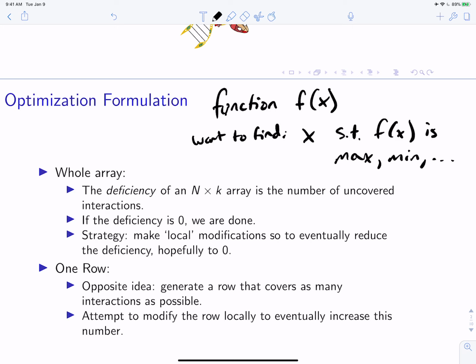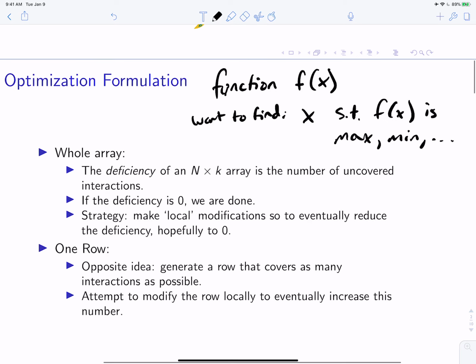So we have some function we want to optimize, whether we want it to be the largest possible or the minimum possible or whatever. So we're trying to optimize this function.